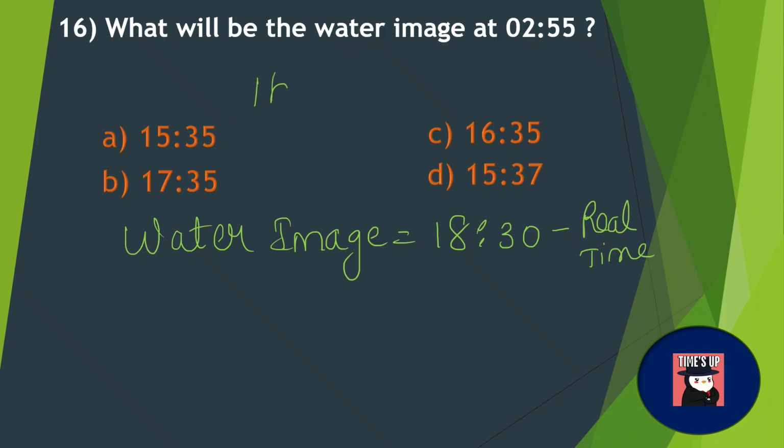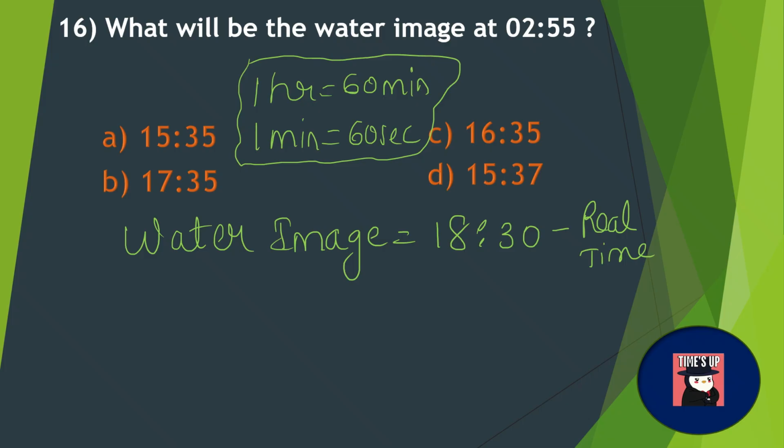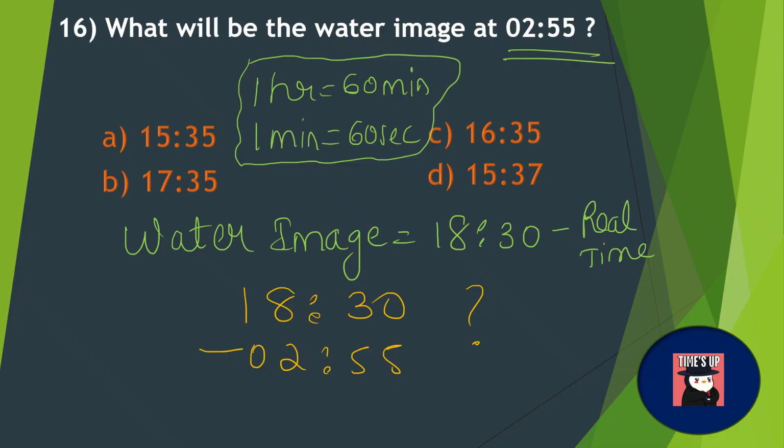You know that 1 hour is equal to 60 minutes and 1 minute is equal to 60 seconds. This you need to remember. So here 2:55 we need to remove. Do you think from 18:30 we can subtract 2:55? Is it possible? No. So what you need to do in that case? What I told you? You need to borrow.